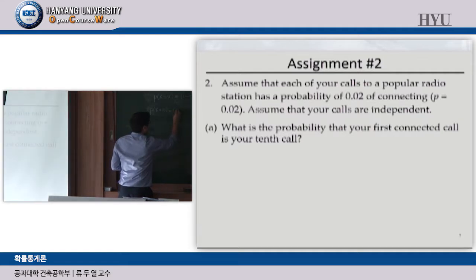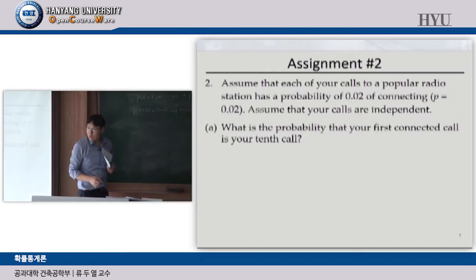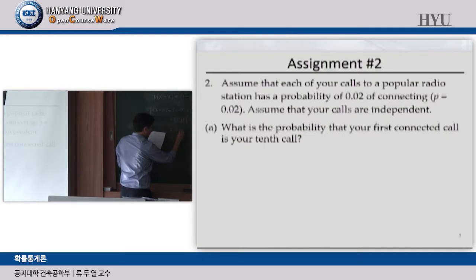So this can be 1 minus 0.02 to 9th power multiplied by 0.02. Okay? So this will be 0.98 to 9th power multiplied by 0.02. So the answer will be 0.0167.